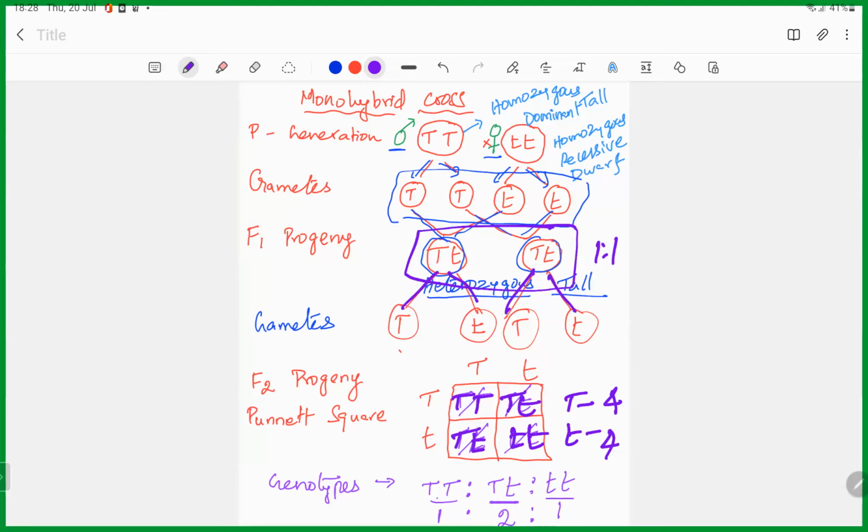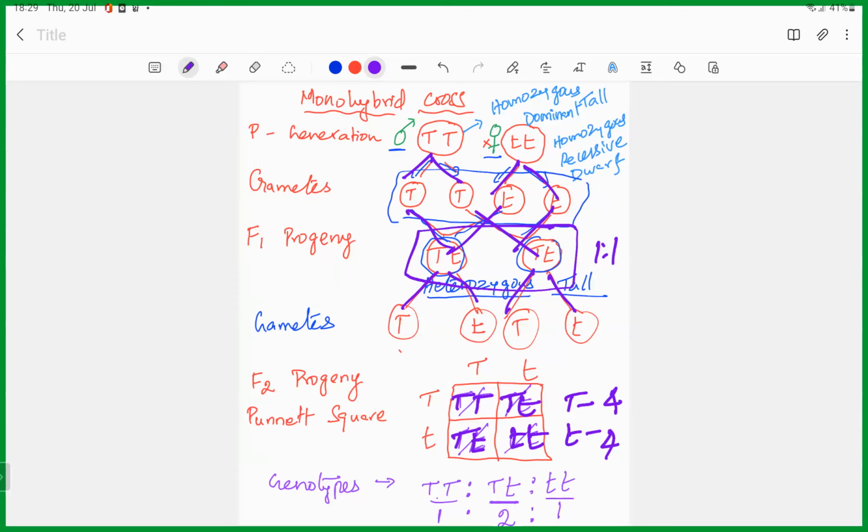Look at that F1. Dominant gene segregated. Recessive gene segregated. Dominant gene entered into another generation. Recessive gene also entered into another generation. So, in segregation and inheritance, there is no difference between a dominant gene and recessive gene.